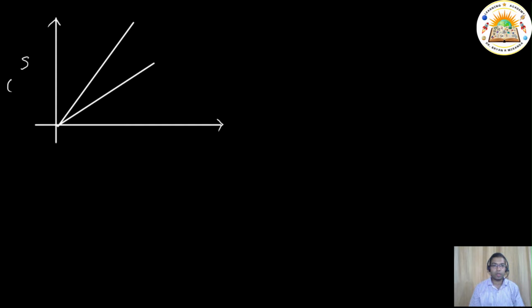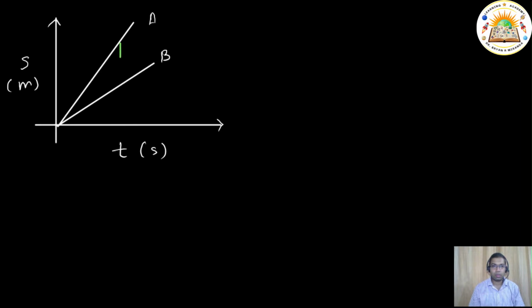So this is displacement, the unit is in meters, time in seconds. I have two curves here, A and B. As we can see, both of them are going to have different slopes. If I construct the triangle for A, and the triangle for B, it is going to be two different slopes.